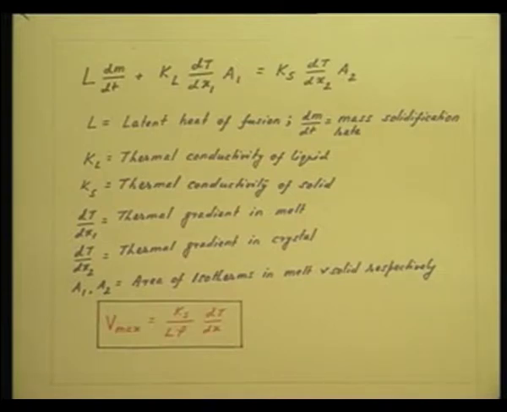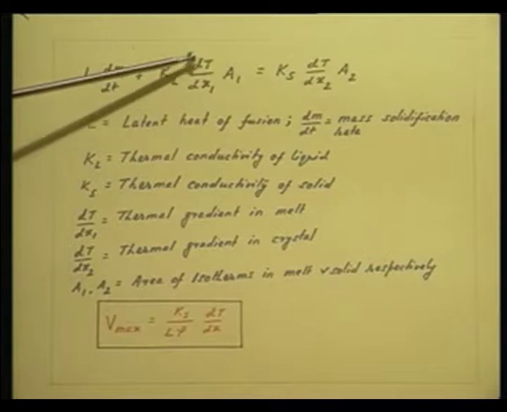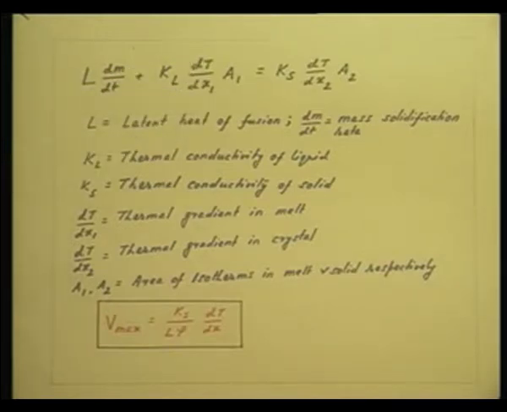L dm/dt plus K_L dT/dx1 A1 is equal to K_s dT/dx2 A2, where L is the latent heat of solidification, or latent heat of fusion. dm/dt is the mass solidification rate.